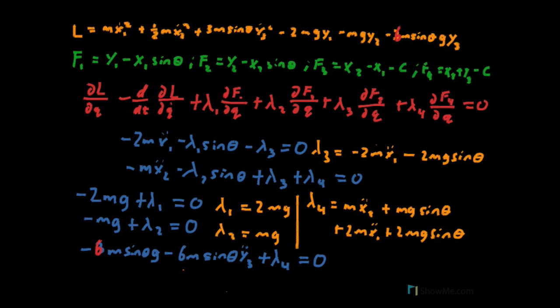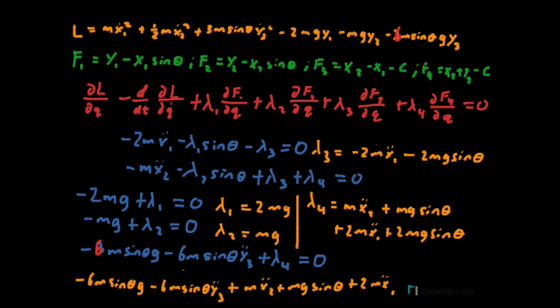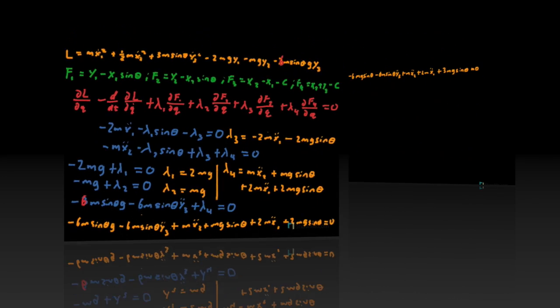And so we can continue to rewrite this as minus 6m sine theta g minus 6m sine theta y3 double dot plus lambda 4, which is m x2 double dot plus mg sine theta plus 2m x1 double dot plus 2mg sine theta, all sums to 0.